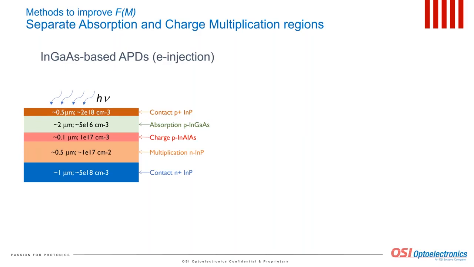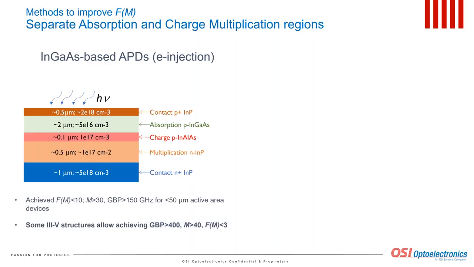The non-equilibrium holes drift toward the anode on the top and do not participate in avalanche multiplication. Whereas typical values of the excess noise factor for InGaAs APDs are about 10, some recently reported structures showed a F factor value around 3 with an avalanche gain of around 40.